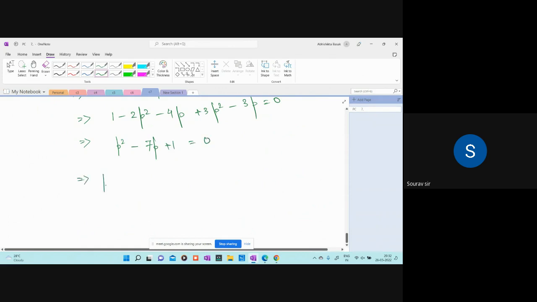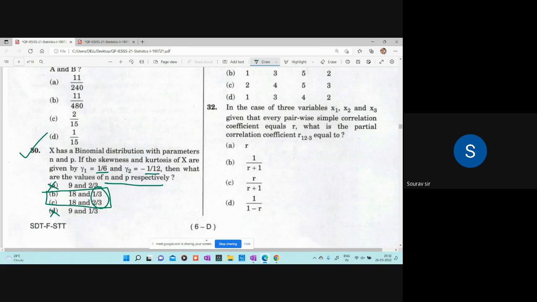Can you solve and tell me the value of p from over here? You need to use Sridhar Acharya's formula, obviously, to get the value of p.